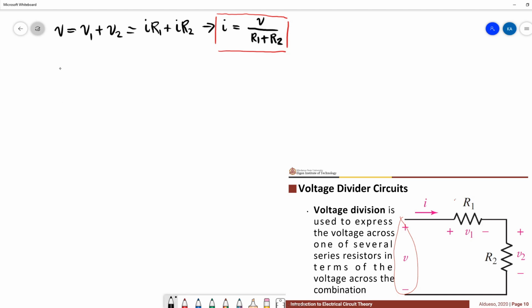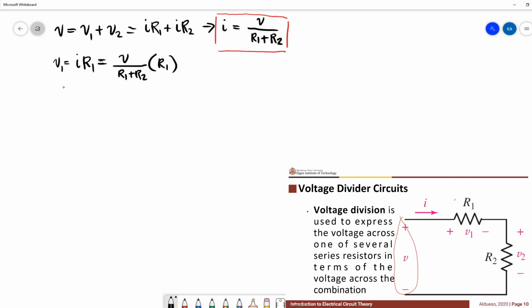So looking at the individual voltages, V1 in terms of I is just I times R1. So we use this equation and substitute this I here. So we have I is equivalent to V over R1 plus R2 times R1.